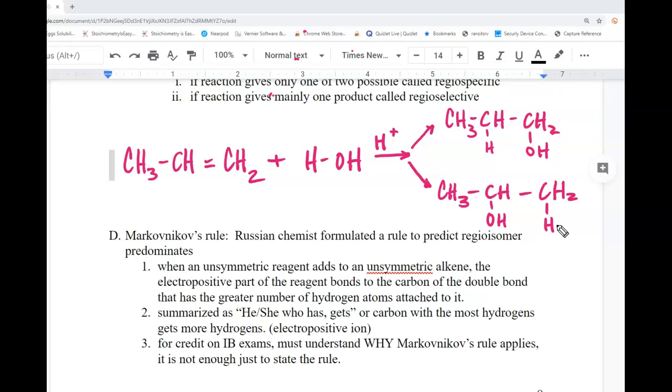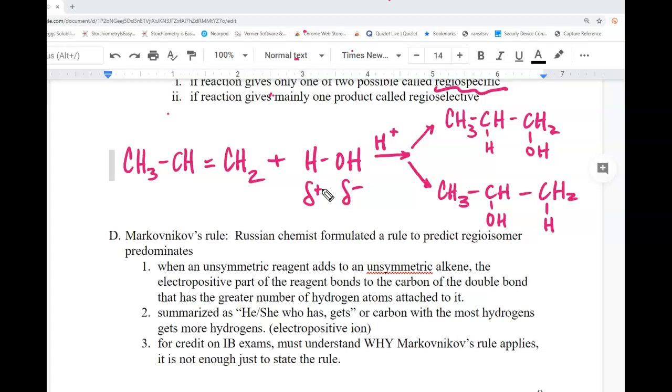And so the question becomes, how do we know which one is going to be regiospecific? In this rule, we want to put the more electronegative component, in this case this one, on the carbon that has more ability to spread out the electronegativity.